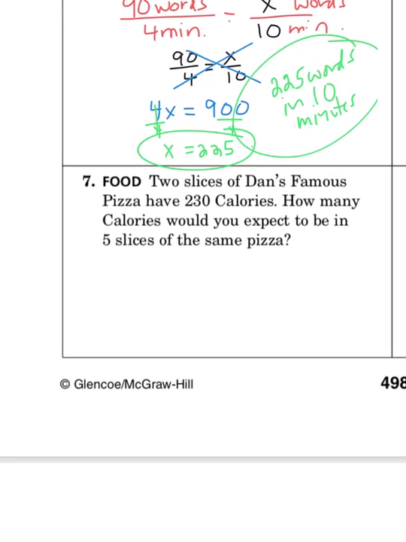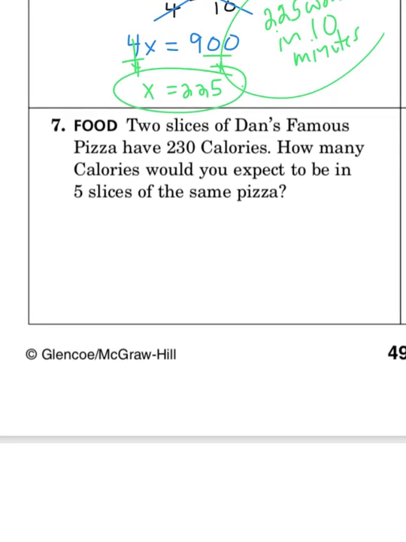Food. 2 slices of Dan's famous pizza have 230 calories. How many calories would you expect to be in 5 slices of the same pizza? Okay, so what information goes together? 2 slices of pizza have 230 calories. 2 slices have 230 calories.